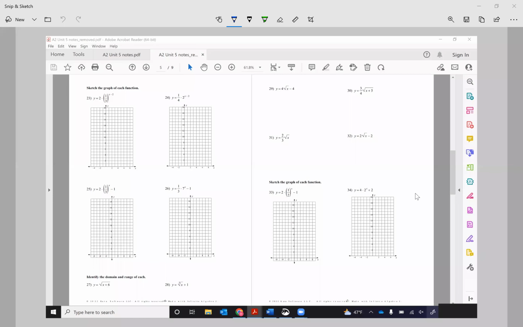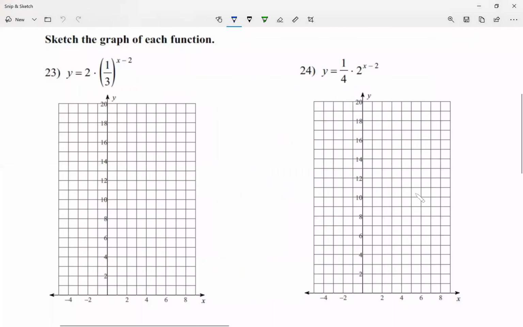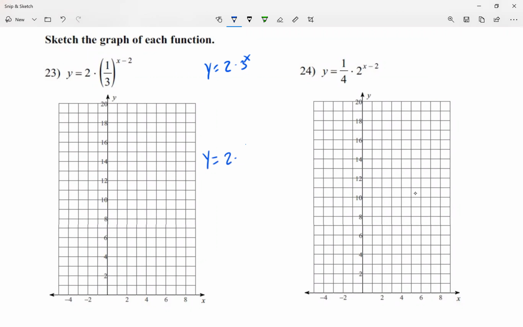All right, so last week we were talking about how to graph exponential functions. Now, exponential functions, as I mentioned, something like y is equal to 2 times 3 to the x, right? That's an example. Another case we saw is, what if I say y is equal to 2 times 1 over 3 to the x?